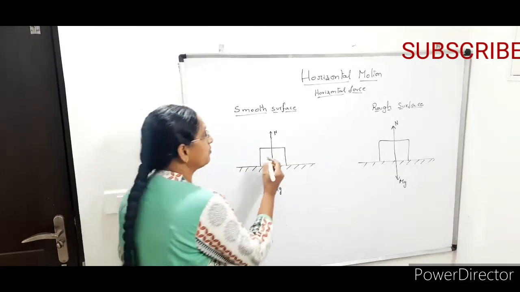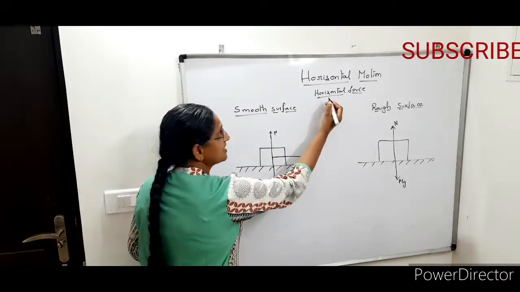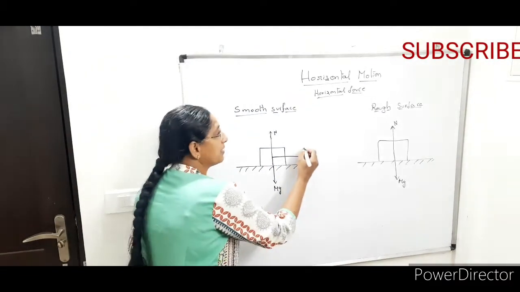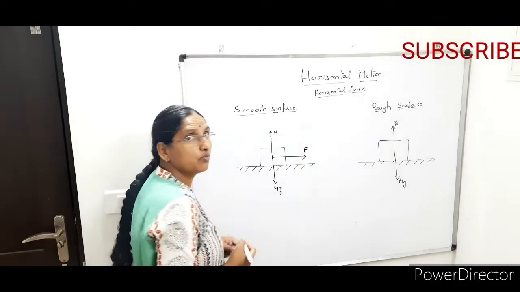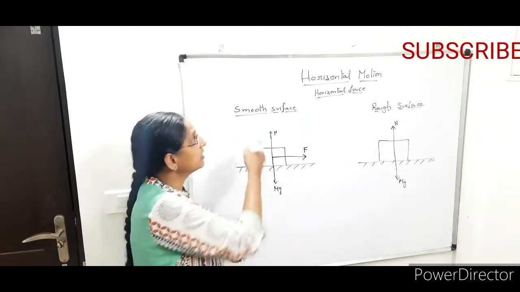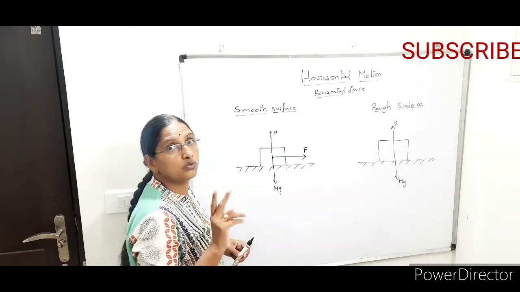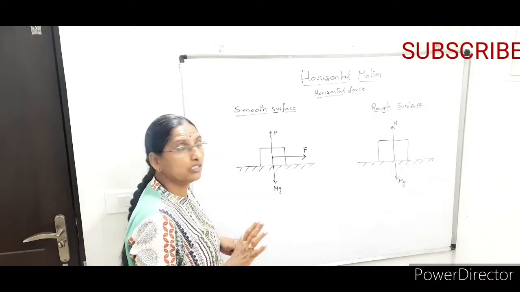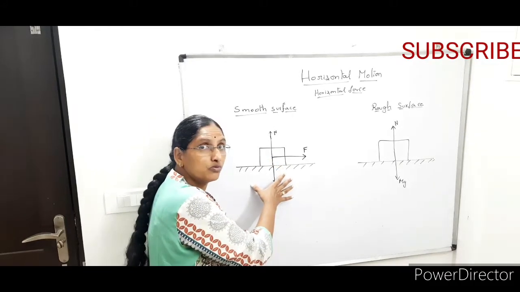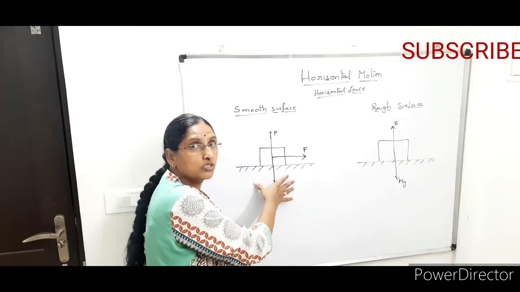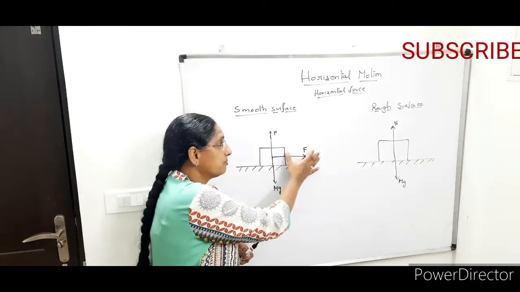Now, when you apply a horizontal force, what did we say? When a force F is applied here, how does the body move? Here the surface is a smooth surface. According to Newton's first law of motion, a body will continue to stay in the same state of rest or motion until an external force is applied.